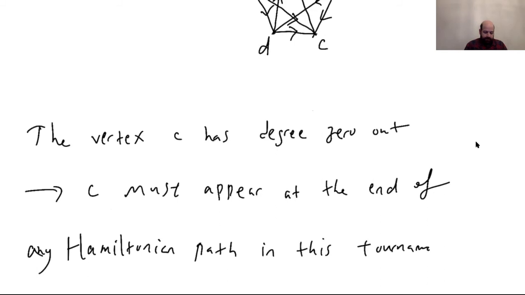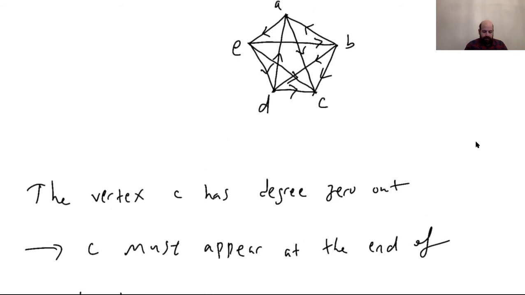Okay, so it's left to count how many paths we have going through the remaining 4 vertices, A, B, E, and D.